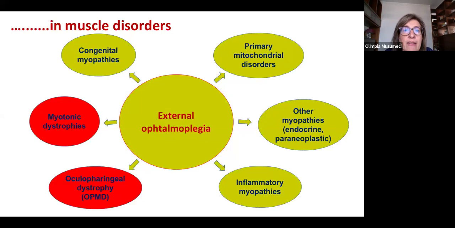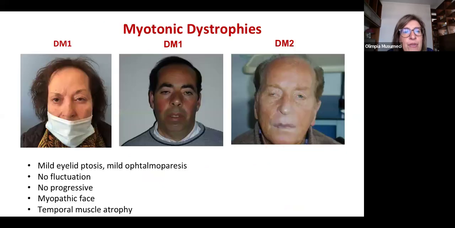Going on to other hereditary muscle disorders, just a mention of myotonic dystrophy, and these are 3 patients with myotonic dystrophy. As we know, there are 2 forms, DM1 and DM2. Usually the eyelid ptosis is mild, as is the ophthalmoparesis.